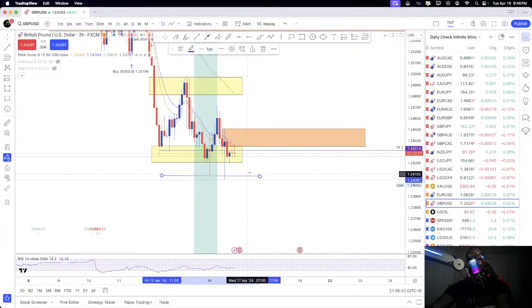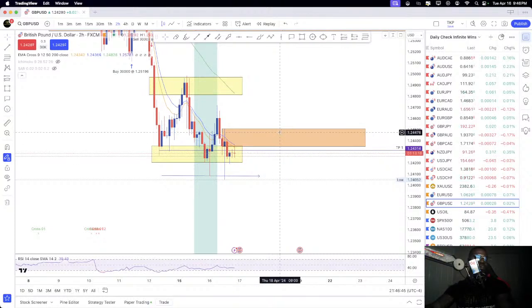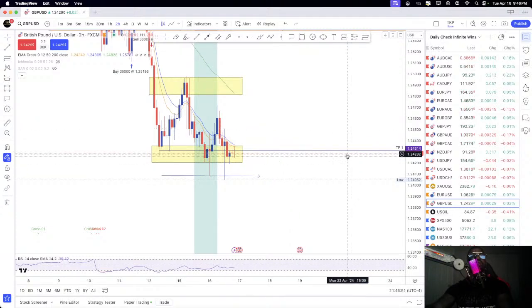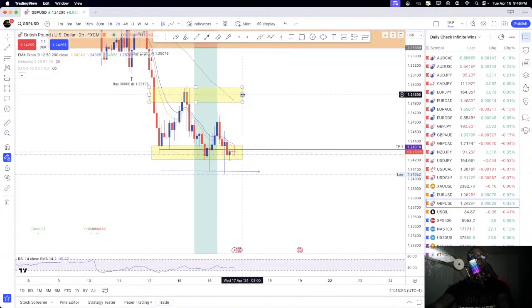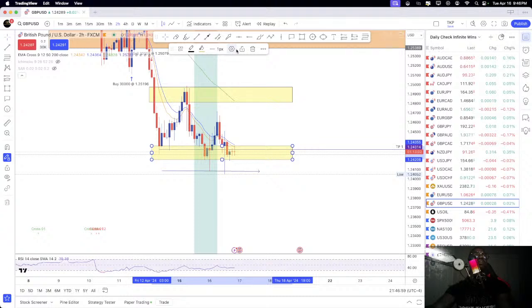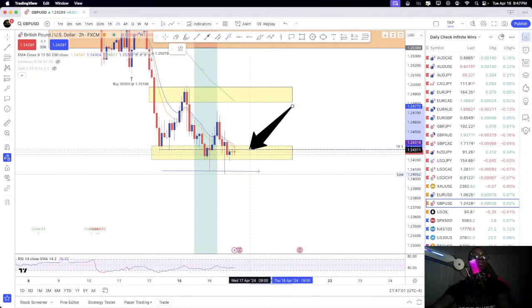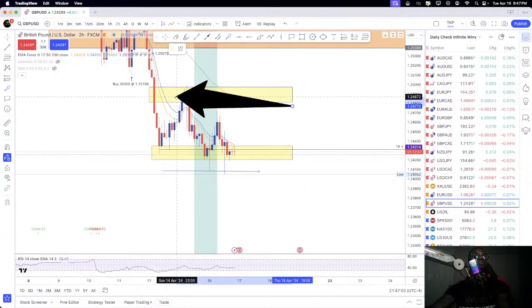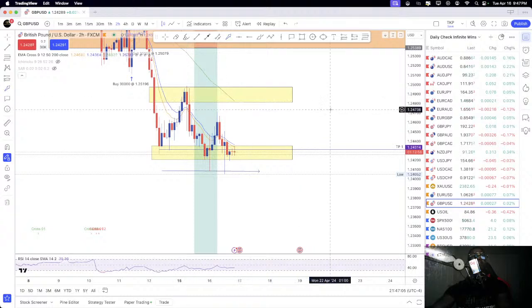I'm silly. But yeah, we got a certain set of rules that we stick by. And it's been helping us out and keeping us out of trouble. So we're definitely going to wait. Because judging by the highs, there is also a chance that we could get a slight rejection and price could come back and retest these highs.